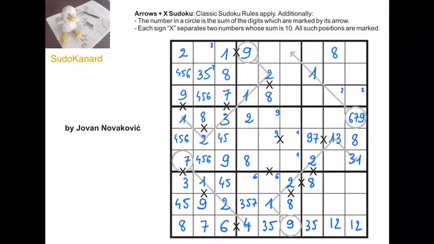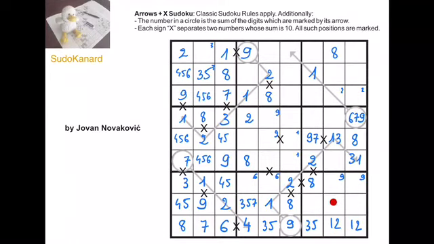What else? Where else can we look? There has to be a 4 and a 5 somewhere here. Not sure that's useful. There has to be a 9 somewhere in one of those two cells. There has to be a 6 somewhere here.